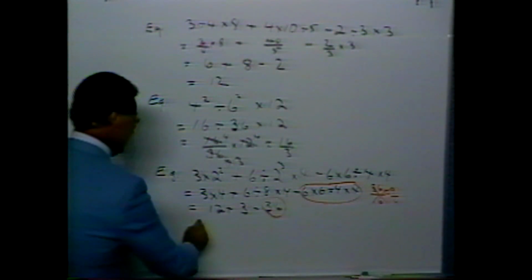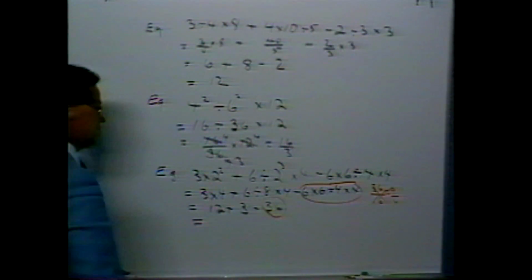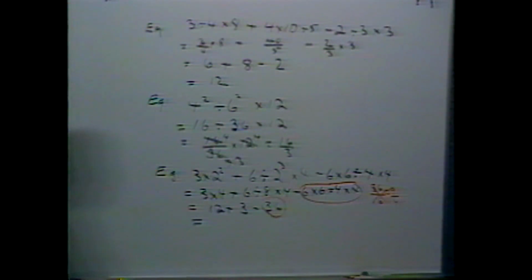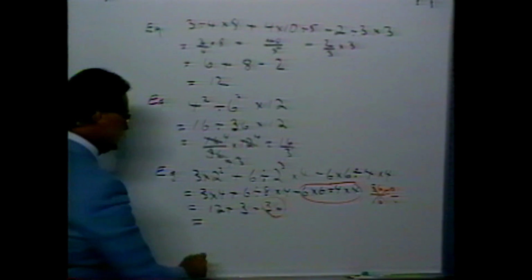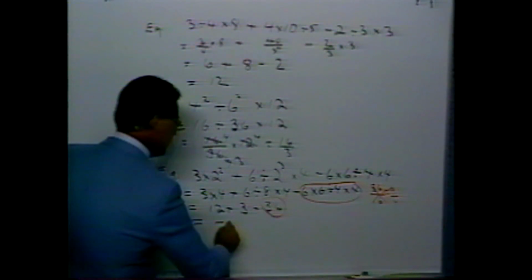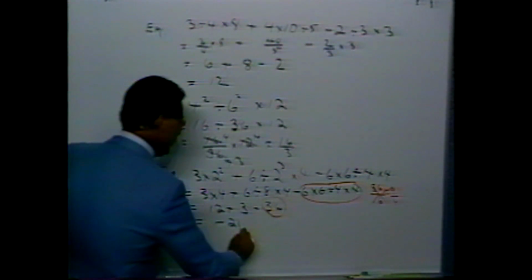We have now only addition and subtraction to deal with. 15 minus 36 is negative 21.